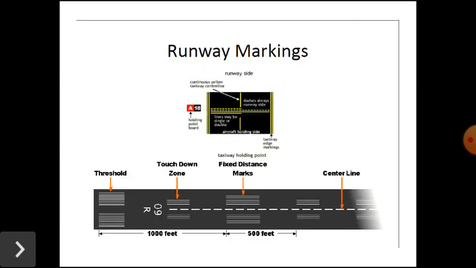Next, runway marking. Marking is important in a runway. Generally, centerline marking, touchdown zone marking and threshold marking are marked in any runway. In addition, some fixed distance marking and edge marking are also marked in a runway.